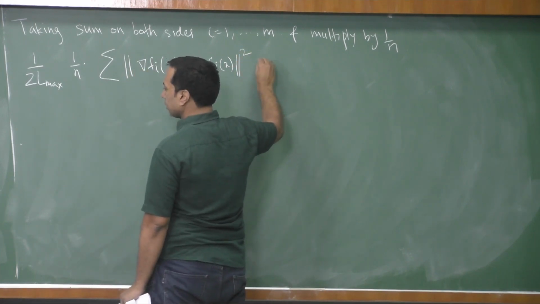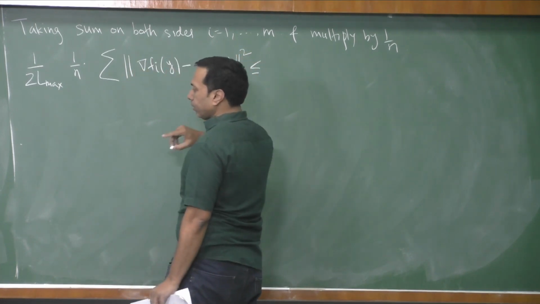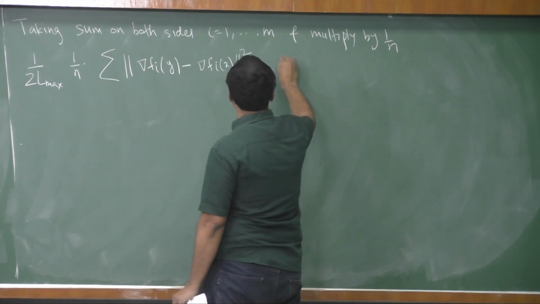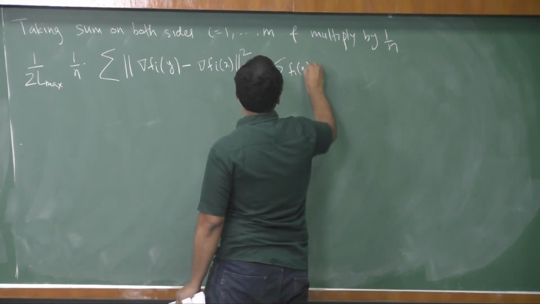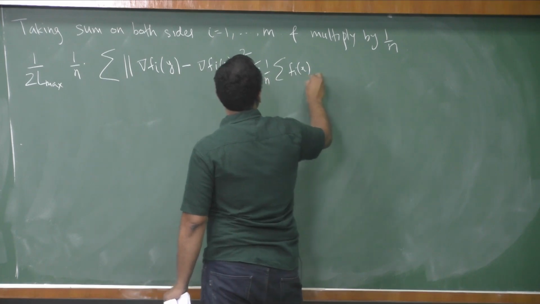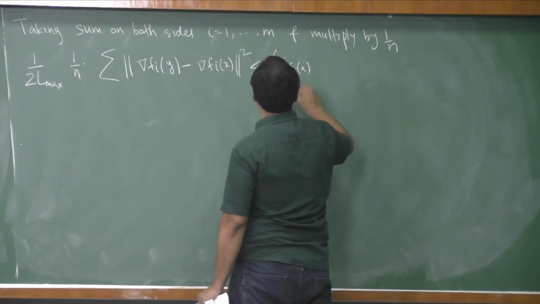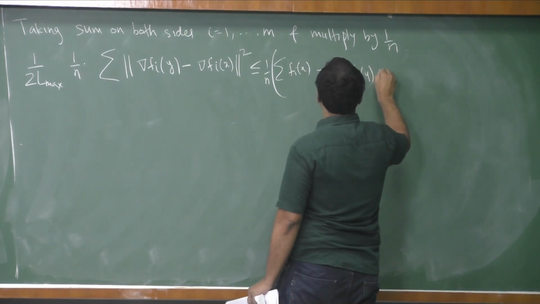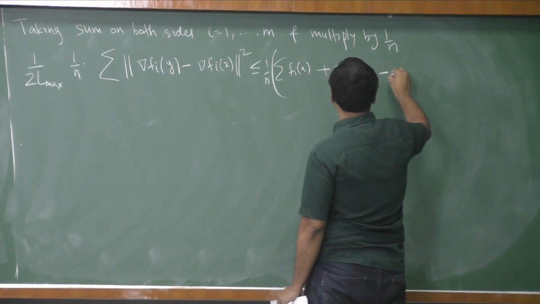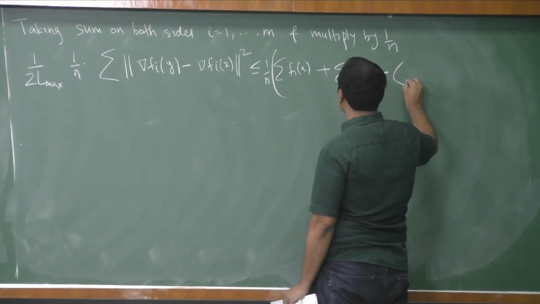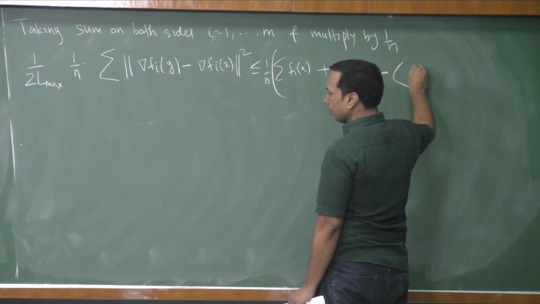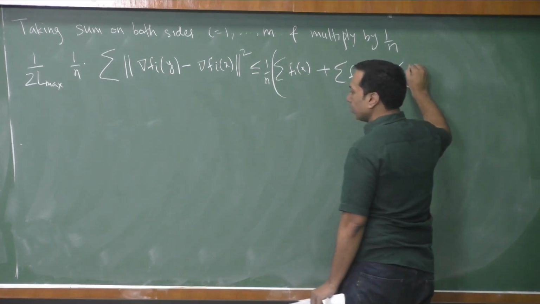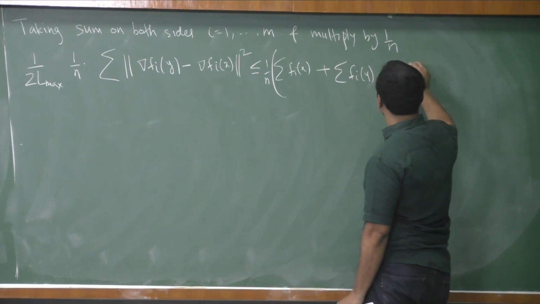and this is less than equal to, now this is evident, right? So let me do it anyway. So Fi x, and then all this is 1 by n, plus sum of Fi y, minus, and then the inner product of the sum can go inside, right? The sum can go inside, and not just that, the sum can go inside the gradient also.